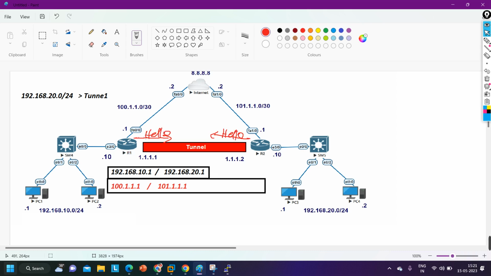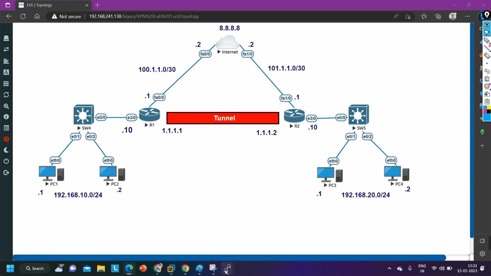After EIGRP neighborship forms, both are going to exchange their private network. Router 1 is going to share its network to router 2, and router 2 is going to share its network to router 1. Whenever a router receives the private network information from its neighbor, the exit interface for that network will be the tunnel interface. Yes or no?